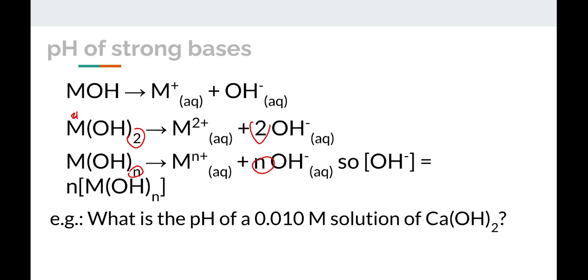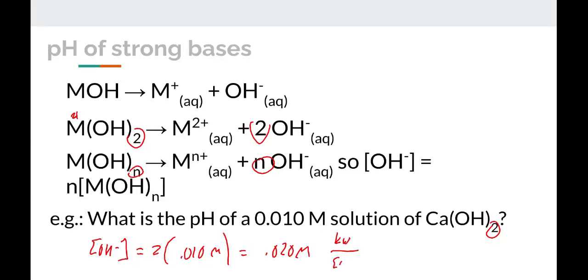So what's the pH of a 0.01 molar solution of calcium hydroxide? Because this is releasing 2 moles of hydroxide for every mole of calcium hydroxide, that means that our concentration of OH minus in this solution is going to be 2 times 0.010 molar, which is 0.020 molar. Now we want the pH, so what we want to do is take Kw and divide by that OH minus concentration to give us the H plus concentration.